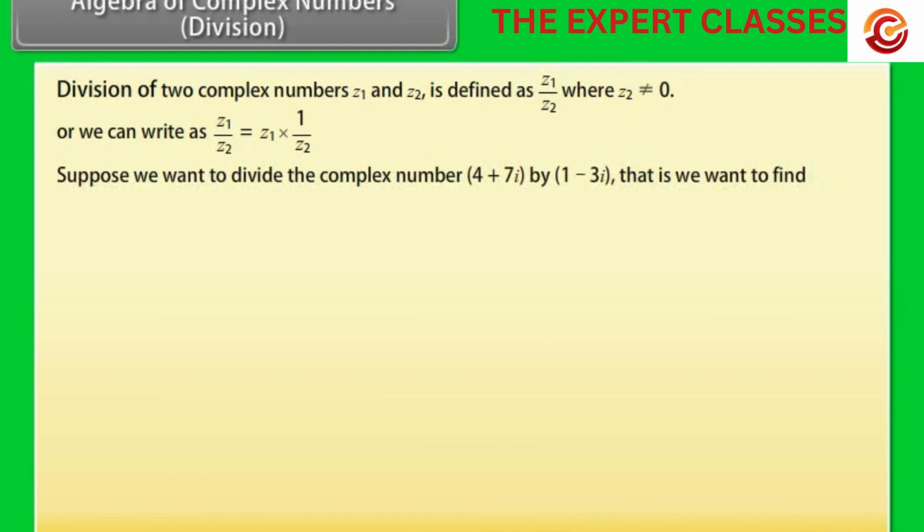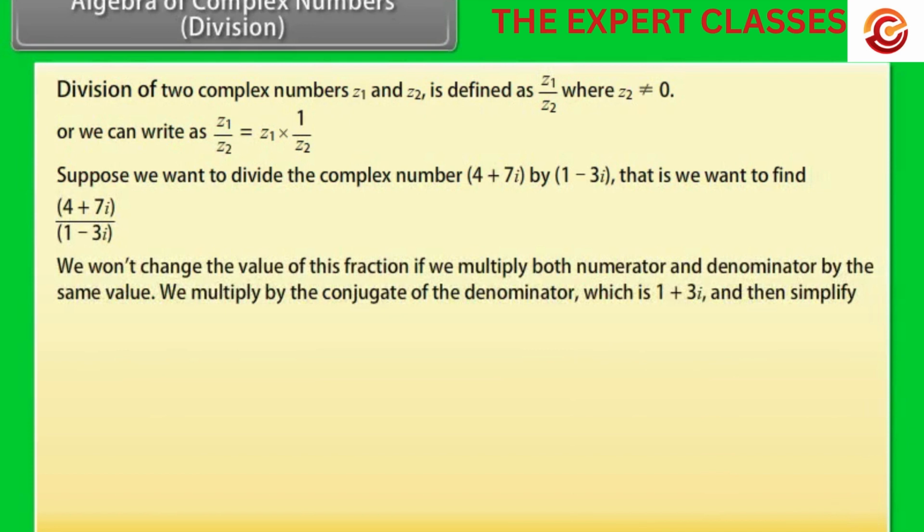Suppose we want to divide the complex number 4 plus 7 iota by 1 minus 3 iota. That is, we need to find this. We won't change the value of this fraction if we multiply both numerator and denominator by the same value. We multiply by the conjugate of the denominator, which is 1 plus 3 iota, and then simplify.